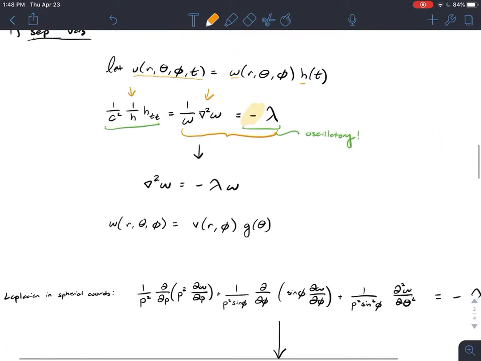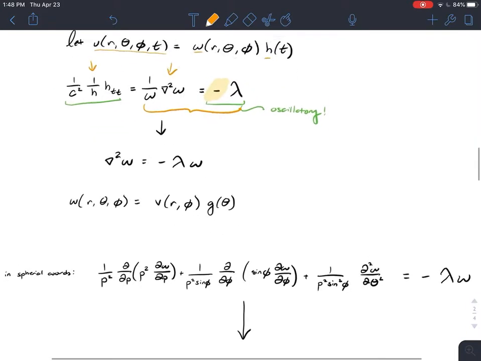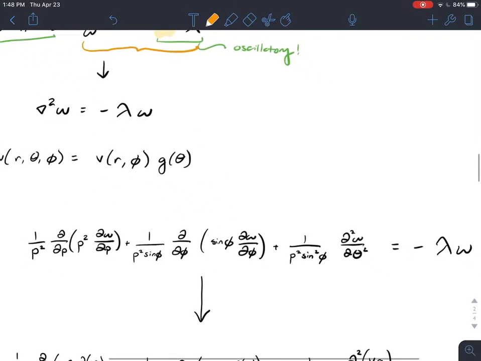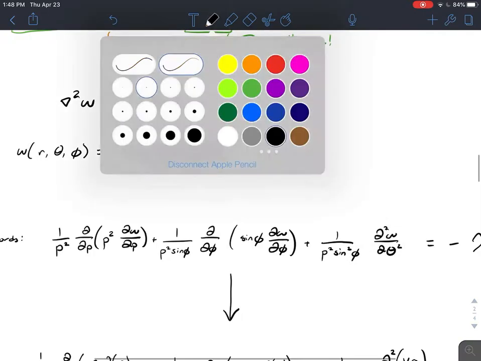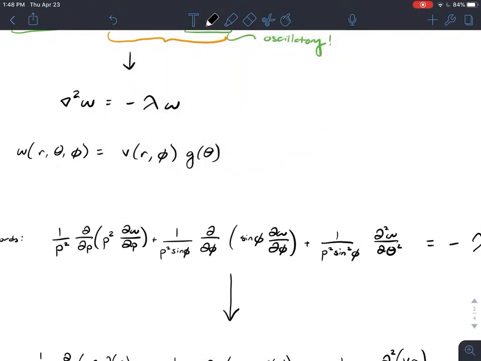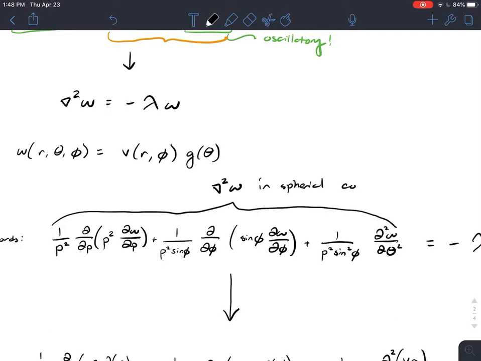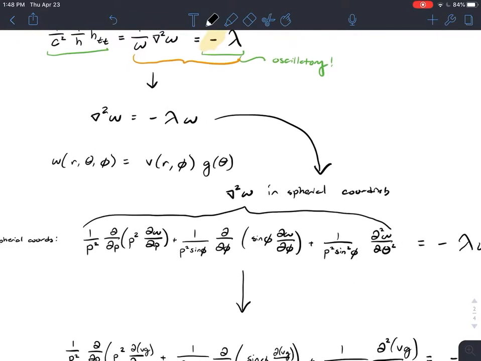So now that we have the Laplacian in spherical coordinates, which is given here, this is something you can just find in your book, basically. And considering the exams are open book now, this is just something you can copy. So this is what we call the Laplacian of w in spherical coordinates. So all I did was I essentially expanded this equation right here.